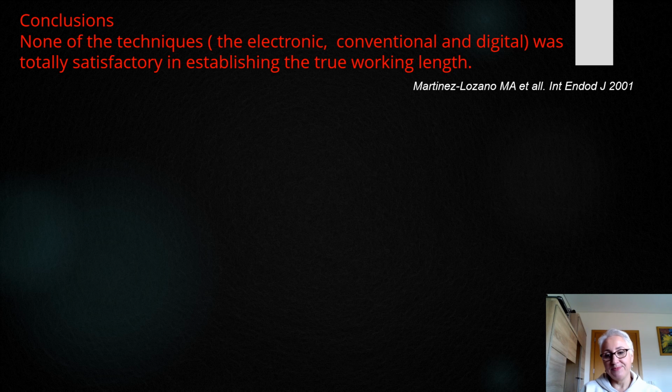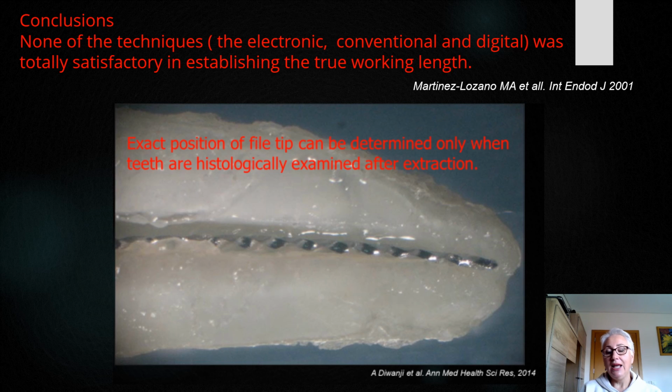So in conclusion, none of the techniques, electronic or conventional or digital radiography, was totally satisfactory in establishing the true working length. An exact position of a file tip can be determined only when the teeth are histologically examined after extraction.